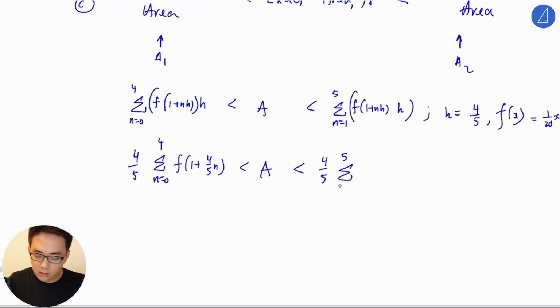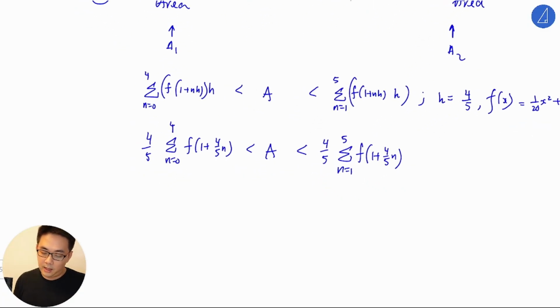For the lower bound and upper bound. So this is f(1 plus 4/5), and h is 4/5, right? Okay. Then I just key this in. Wait. f is 1/20 (1 plus 4/5 n) squared plus 1.